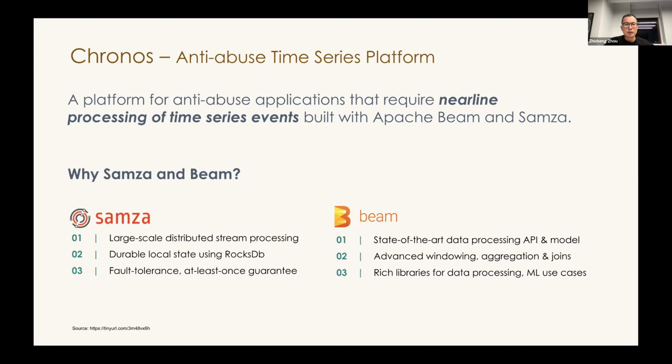Here I will introduce more about Kronos, how Kronos is built, what the functionalities are, and how we can use Kronos. So let's take a look. Could we go to the next slide?